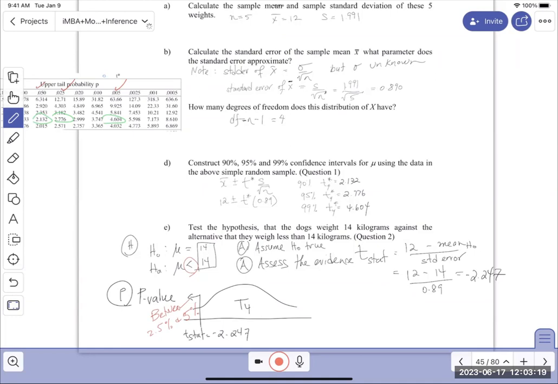And how do we conclude? Always the same statement: p-value less than or equal to alpha means reject H naught. The p-value is between, now you can go into Excel and get the right answer, but just doing it with the table.